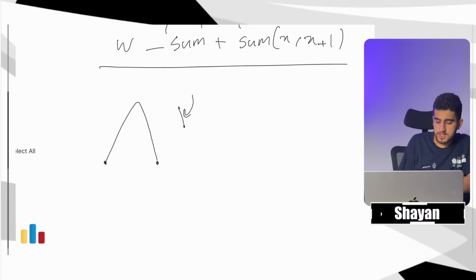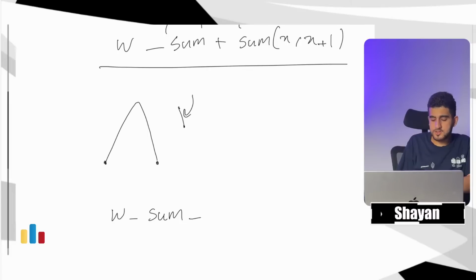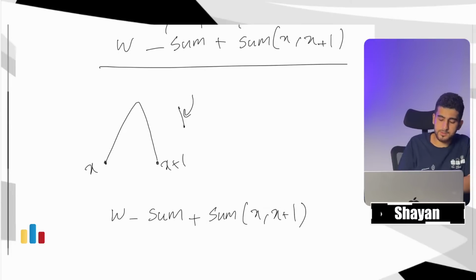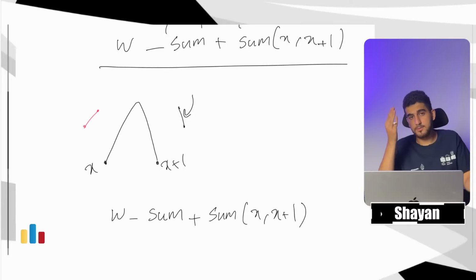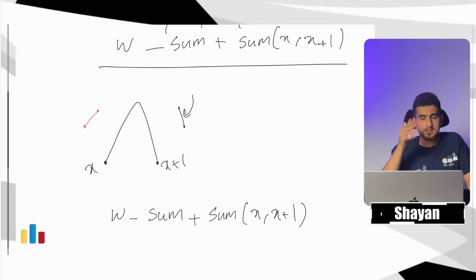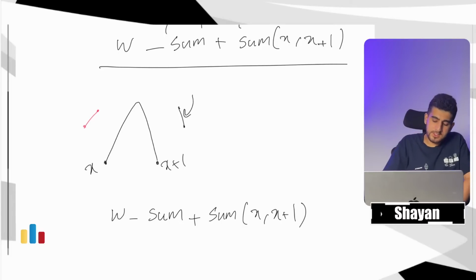So we need to subtract them, w minus the sum of all the known edges, but we should add the sum of the known edges in this path back again, because they can be added to our path. Everything that is fixed outside of this path is not useful anymore. But if something is known inside this path, that is useful. So when we subtract, we need to add these values back again.